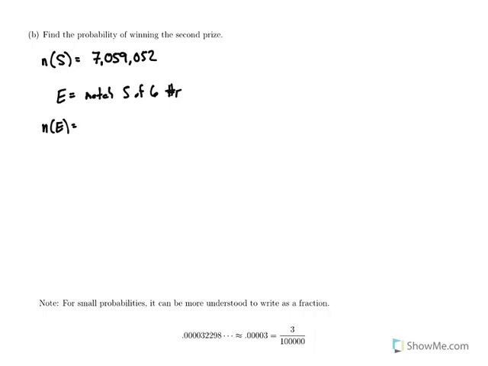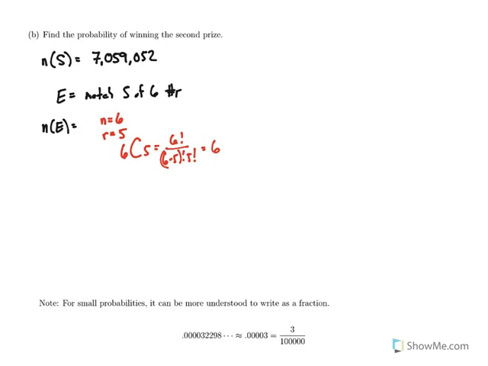Here, we're going to use a combination. Of the 6 numbers, we are going to match 5 of them. And this will give us 6 choose 5, which is equal to 6.